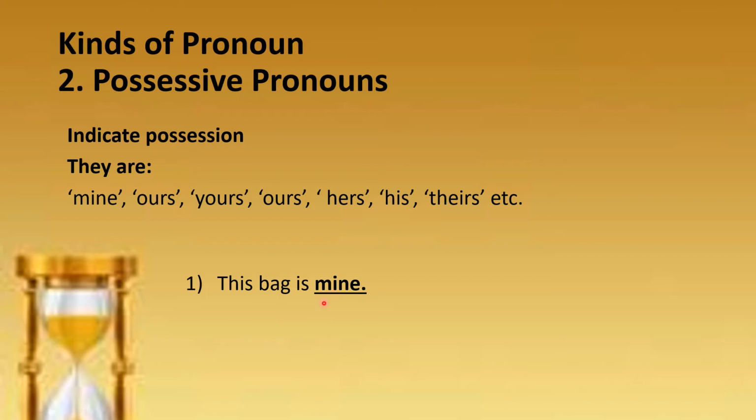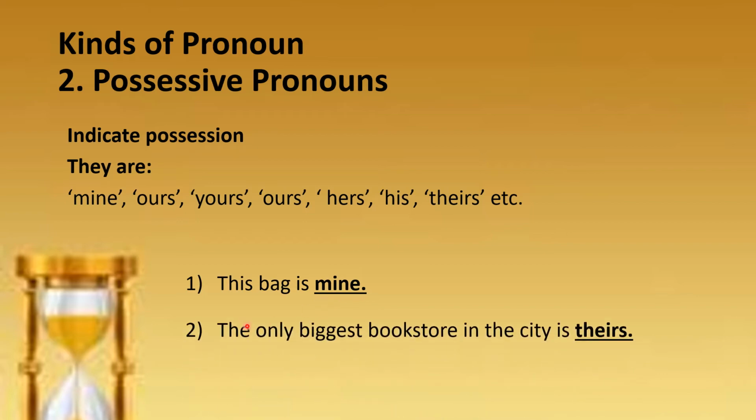So mine here is showing possession and it is a possessive pronoun. Look at the second example. The only biggest bookstore in the city is theirs. Theirs is showing possession because it is a possessive pronoun. And in the third example, this house is ours. Ours is showing possession, so it is a possessive pronoun.